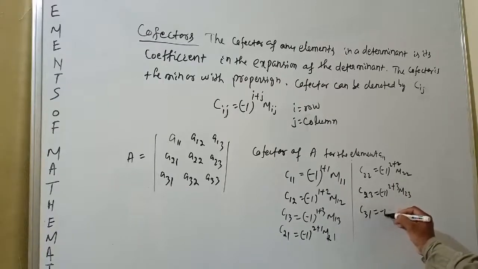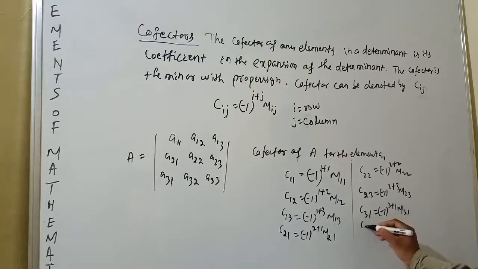C31 is equal to (-1) to the power 3 plus 1 times M31, C32 is equal to (-1) to the power 3 plus 2 times M32, C33 is equal to (-1) to the power 3 plus 3 times M33.